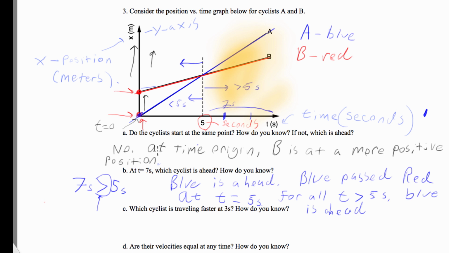I'll make this argument. At 3 seconds, I'm going to argue that cyclist A is always traveling faster than cyclist B, or the blue cyclist is always faster than the red cyclist, because the blue cyclist started behind and then passed him, and these lines are straight, so there's no speeding up or slowing down. So the blue cyclist is always faster.